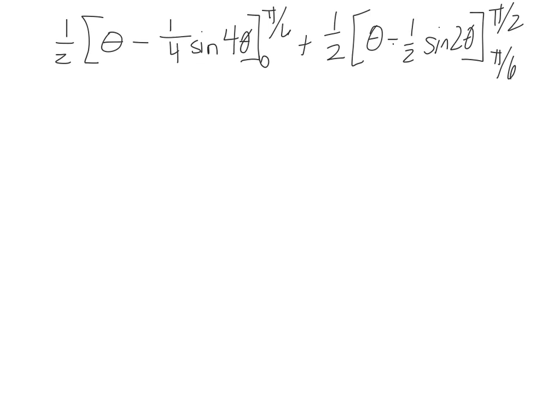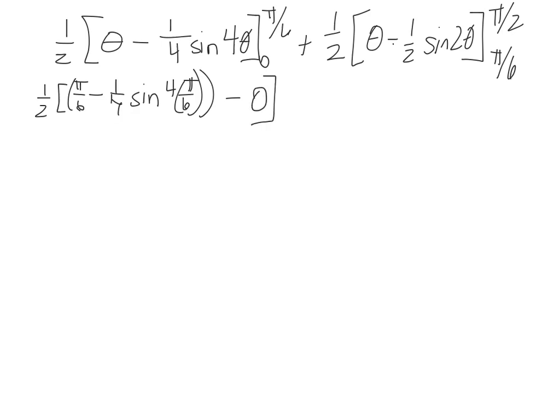So now I plug in my upper limit, subtract what I get when I plug in my lower limit. So 1/2 times pi over 6 minus 1/4 sine 4 times pi over 6, minus, if I plug a 0 in for theta, that's 0, and if I plug 0 into the sine of 4 theta, sine of 0 is also 0, so that whole thing with the 0 is just going to come out to 0.